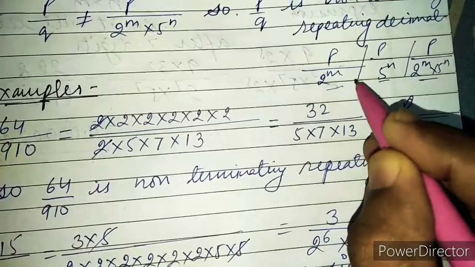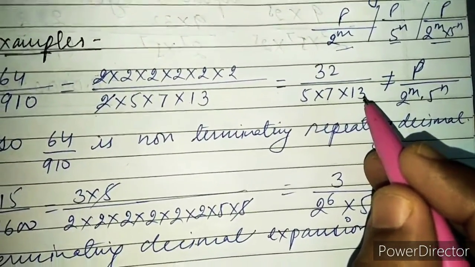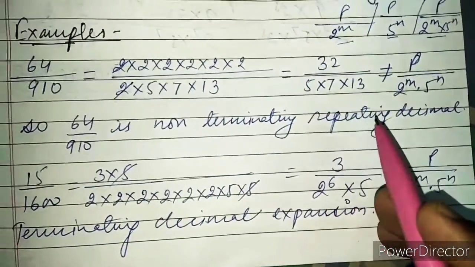If any other number comes in, it will not be a terminating decimal expansion. So 64/910 is a non-terminating repeating decimal.